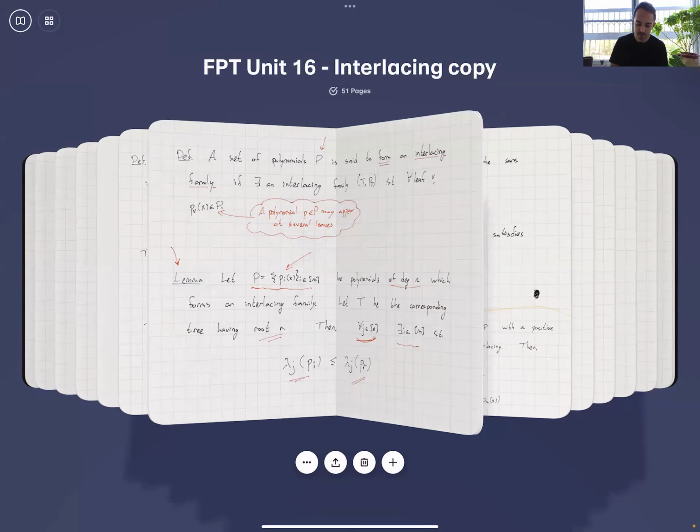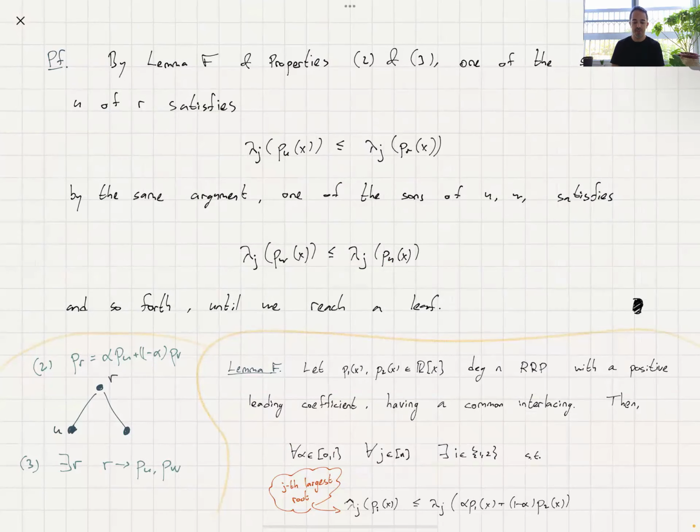So let's prove the lemma. Again, it's essentially a one-liner.